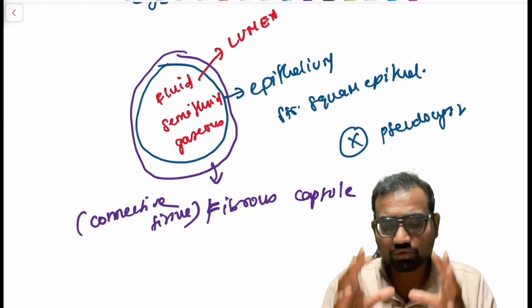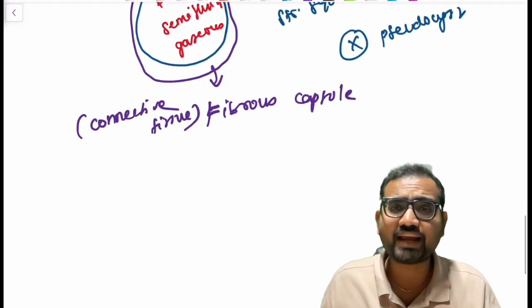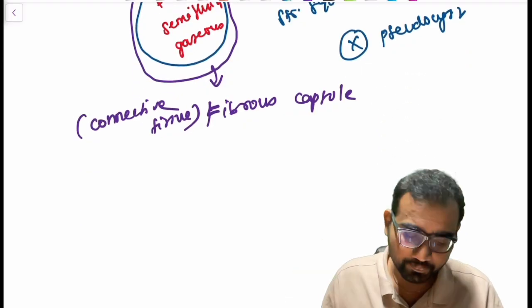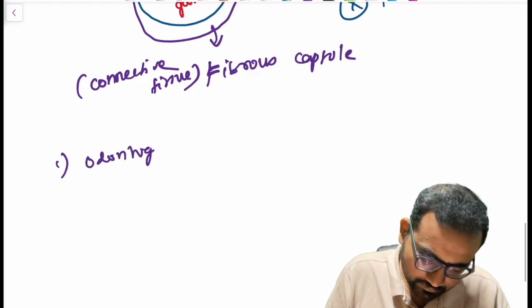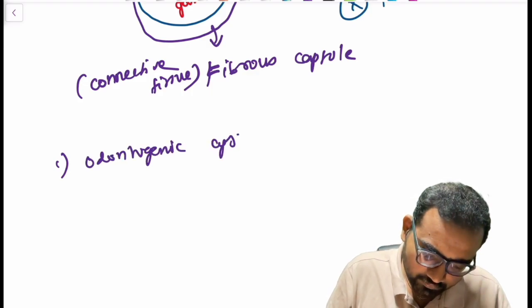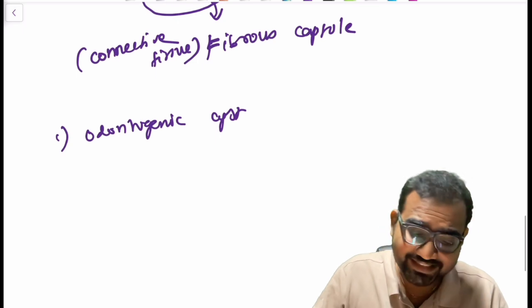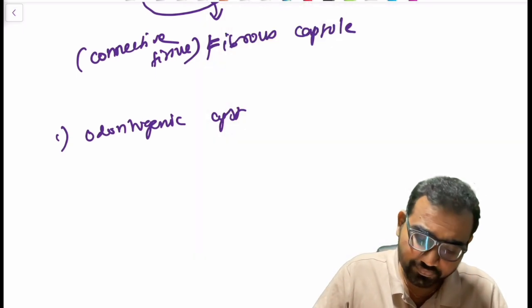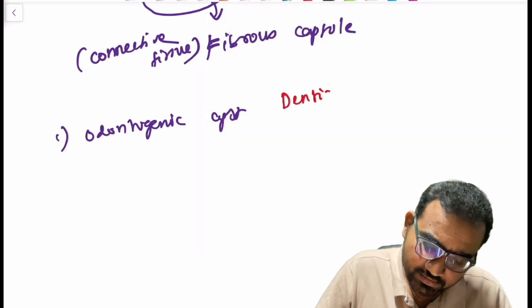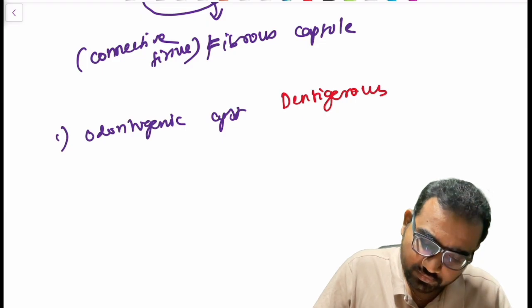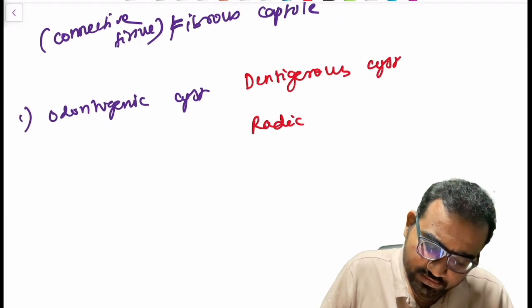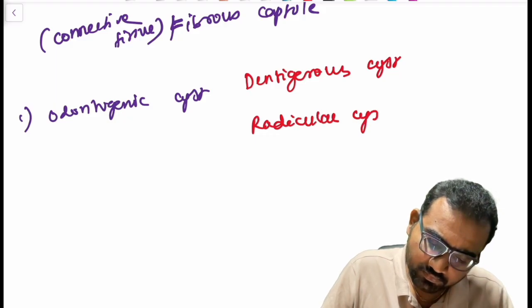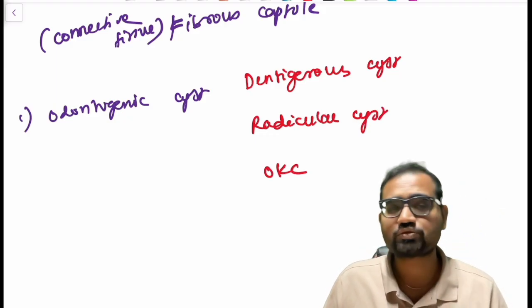So now moving on, I'll classify cyst in a very simple way. One will be odontogenic cyst. In the odontogenic cyst, the main three types will be dentigerous cyst, radicular cyst, and odontogenic keratocyst.